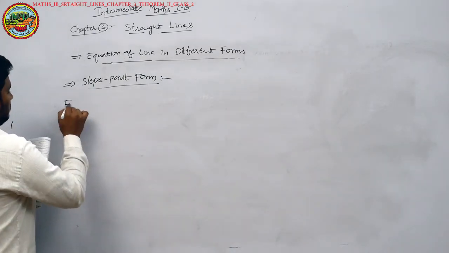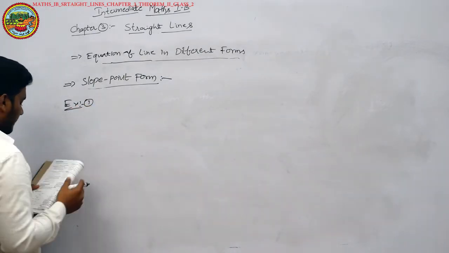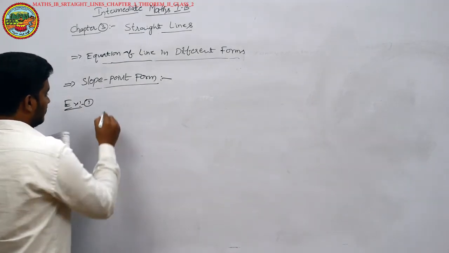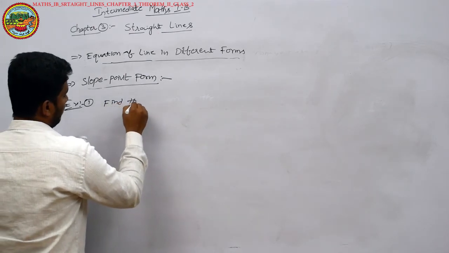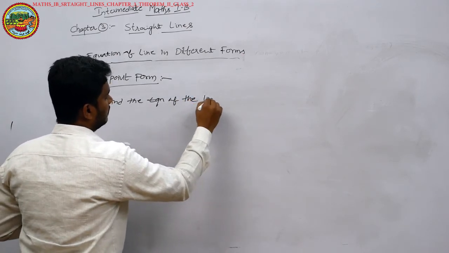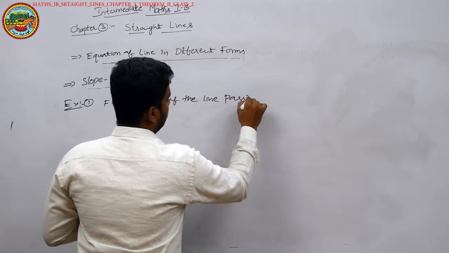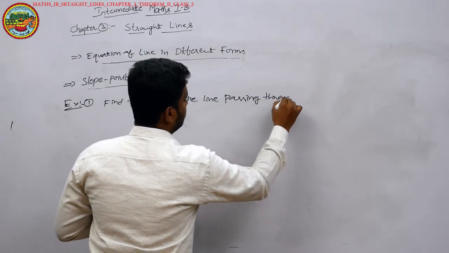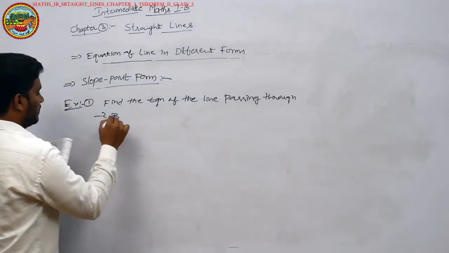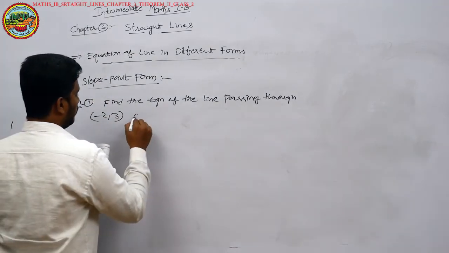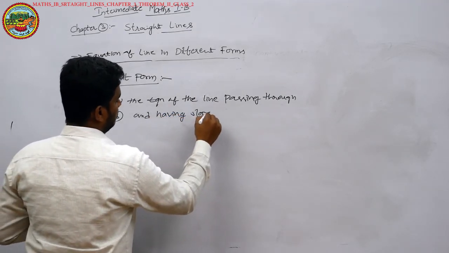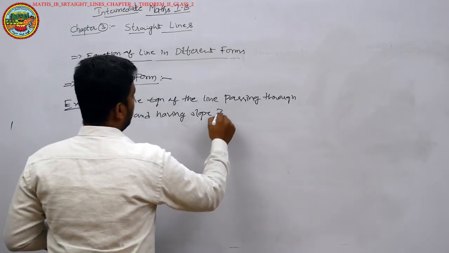Example number 1: find the equation of the line passing through (minus 2, 3) and having slope 3 by 4.